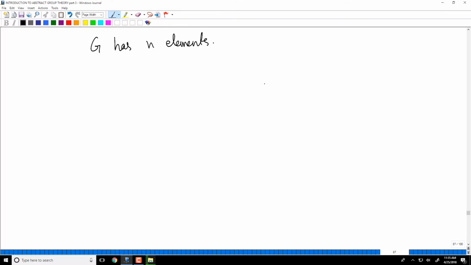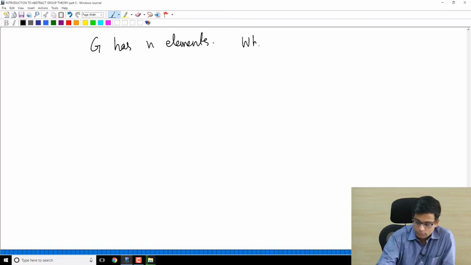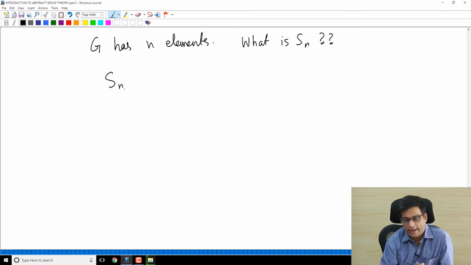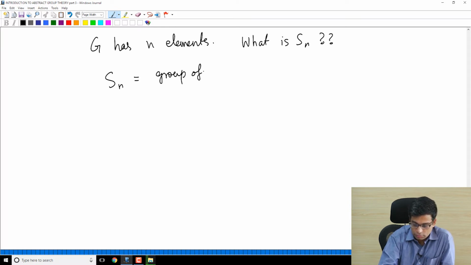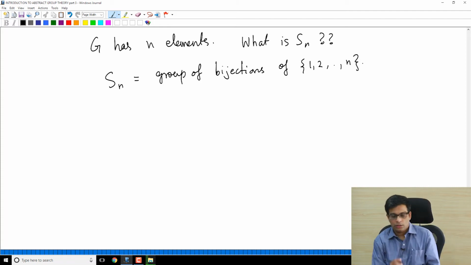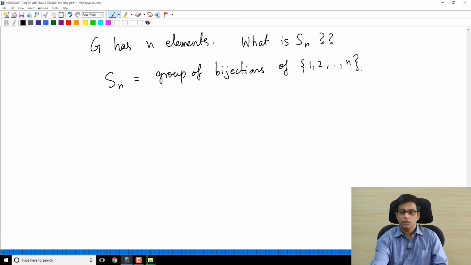What is Sn? Sn, I said, is the symmetric group on n letters. So Sn is the group of bijections of this set, right? But really the fact that we are calling the elements 1 to n is not important.